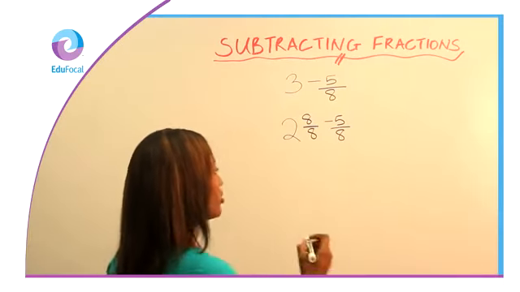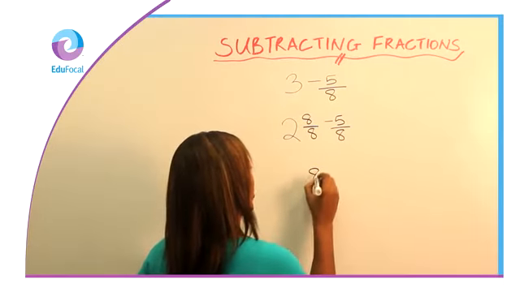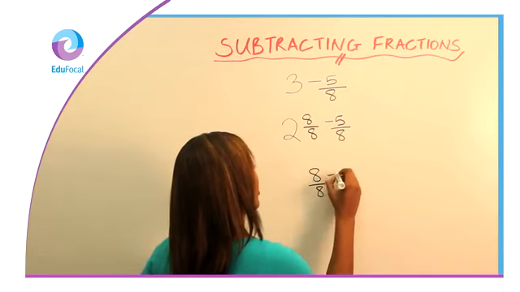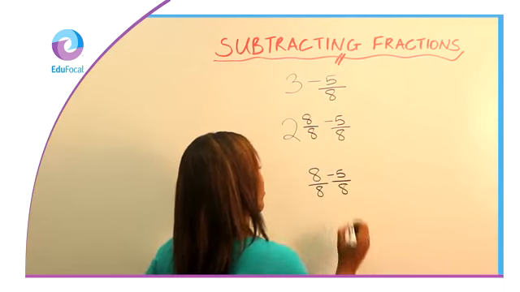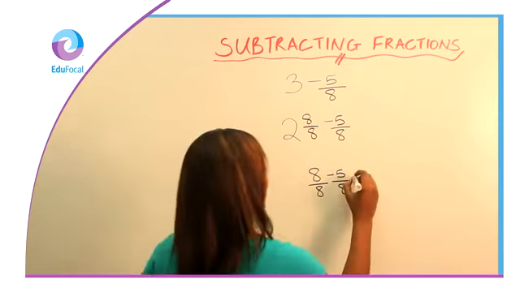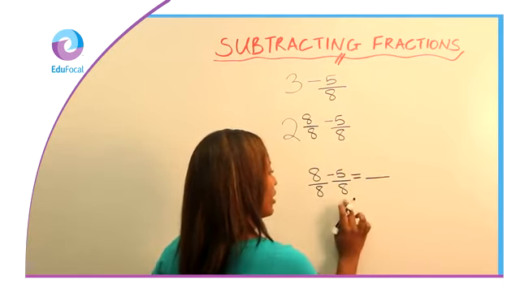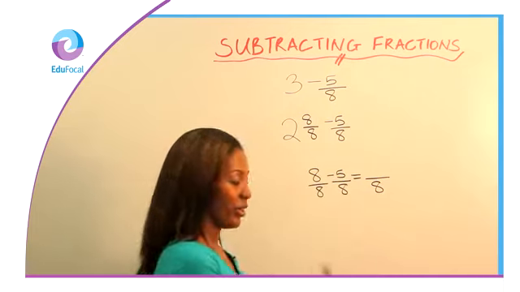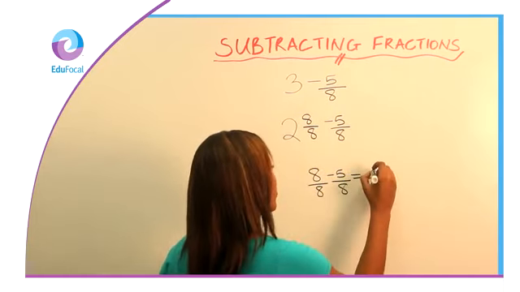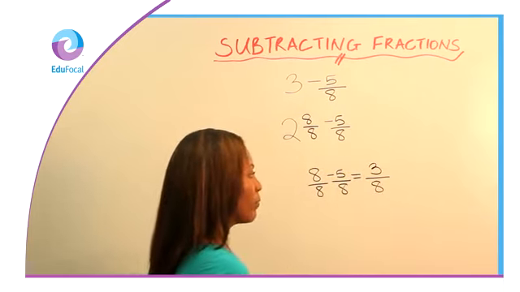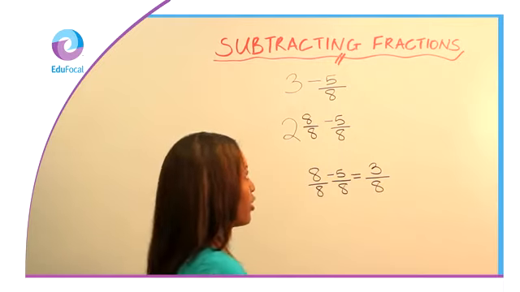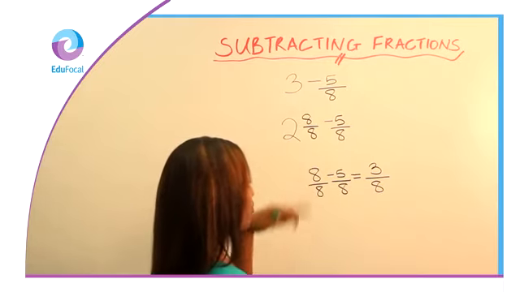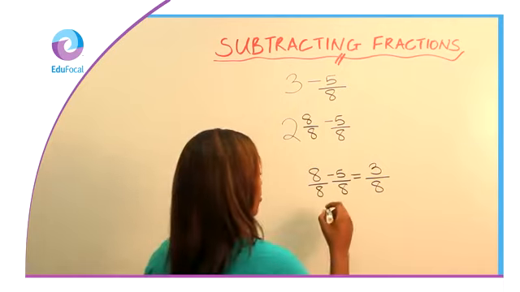So now let's subtract the fractions. So we have 8 over 8 minus 5 over 8. And we know for the answer, the denominator remains the same, and then you subtract the numerators. So it's 8 minus 5, which is 3. But that's not the final answer. Remember, we still have this 2 from the first part, which we explained.